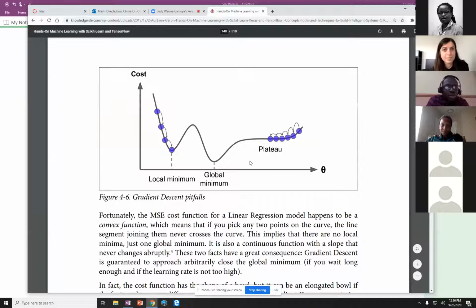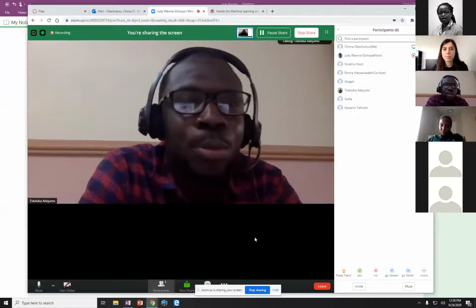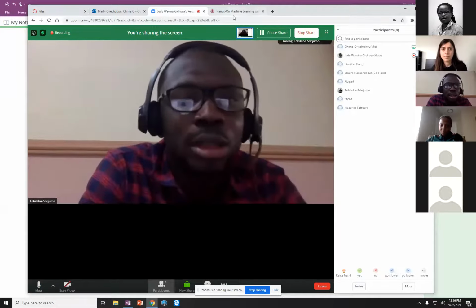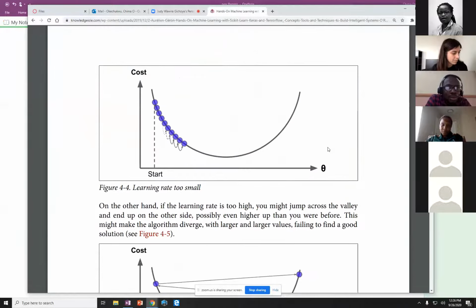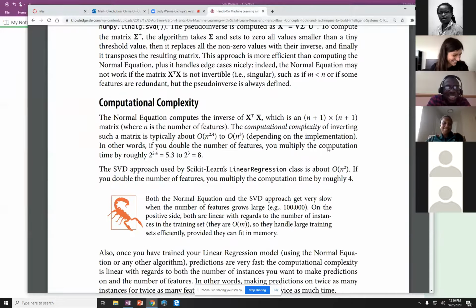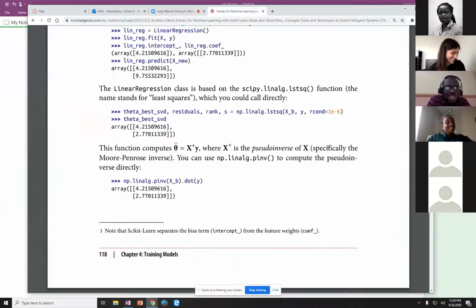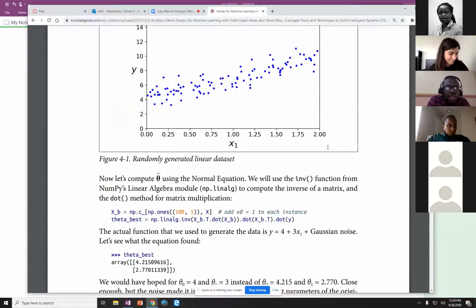Okay, I have a question to ask. Chima, can you go back to the normal equation? I do not know how to prove it. No, it's not the proof. So at the top there is the MSE formula.